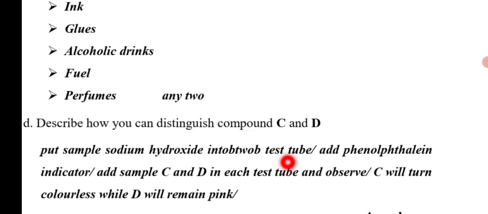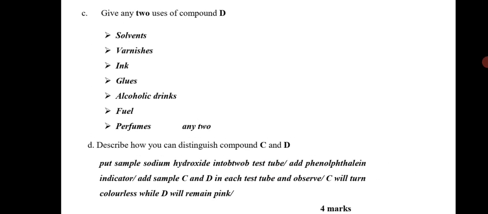The reason it turns colorless is because the acid, which in this case is ethanoic acid, reacts with the sodium hydroxide, thereby decolorizing the phenolphthalein indicator, turning it from pink to colorless.